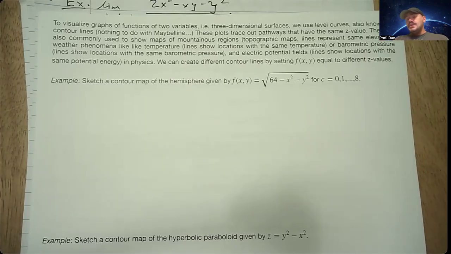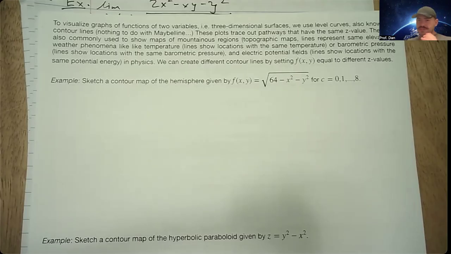But visualizing three-dimensional surfaces can be really difficult. Visualizing four-dimensional surfaces is pretty much impossible. You can kind of sit around and philosophically think about what a four-dimensional solid might look like. Actually, it would be called a hypersolid.